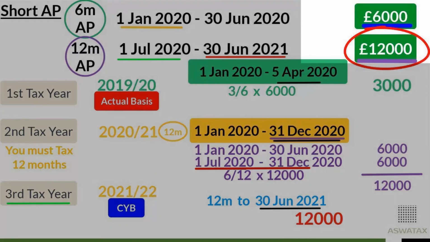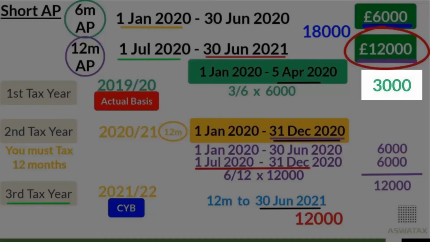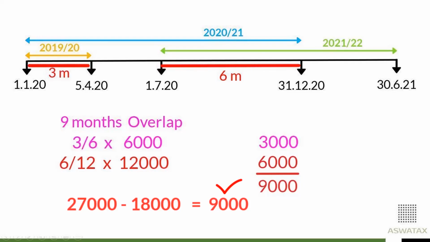How do we check that? We have 6,000, 12,000, 18,000 profits in the two accounting periods. But in the same time frame, we have taxed 3 plus 12 gives you 27,000. 27,000 less your 18,000 equals 9,000, and therefore you can be satisfied that your calculations, your understanding is correct.